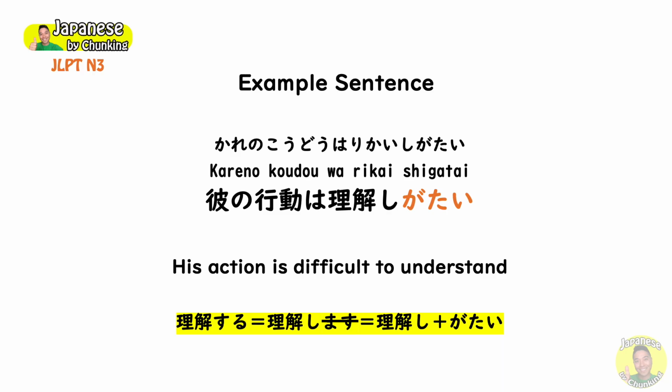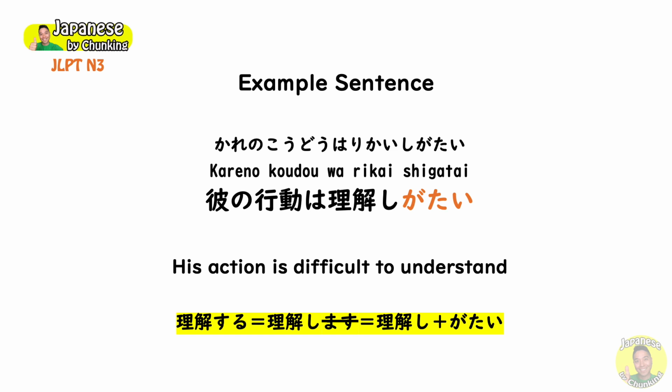次の例文です。彼の行動は理解しがたい。His action is difficult to understand.